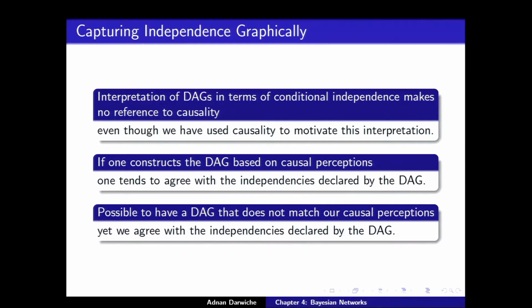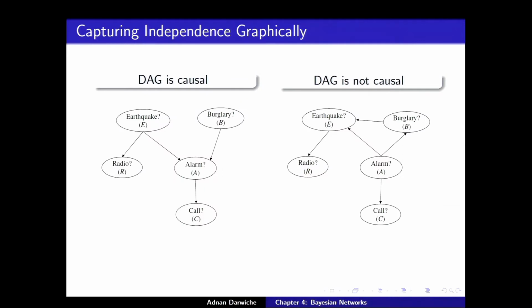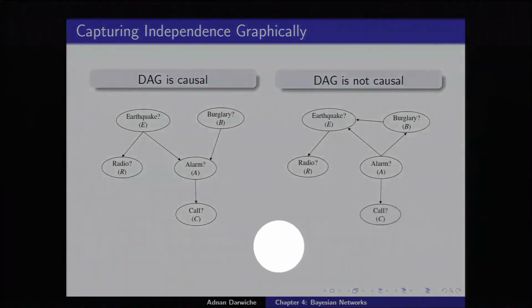Now, that's hard to do in general manually, but let me just show you something. You can do it actually automatically. Look at this. On this side, we have the one that we've been looking at. This is the DAG that you would view as making sense from a causal point of view, right? And we looked at these, or some of these independence assumptions, and they made sense.